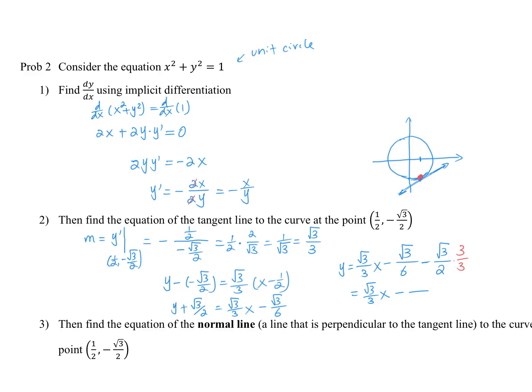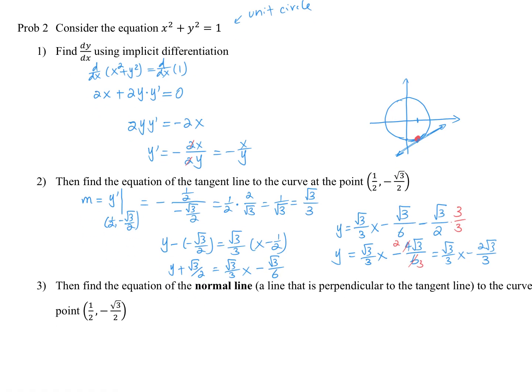So we have a total of negative 4 root 3 over 6. And we definitely can cancel the 2. And finally, this is root 3 over 3x minus 2 root 3 over 3.